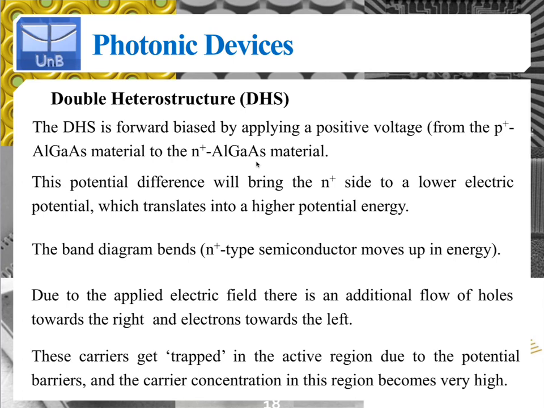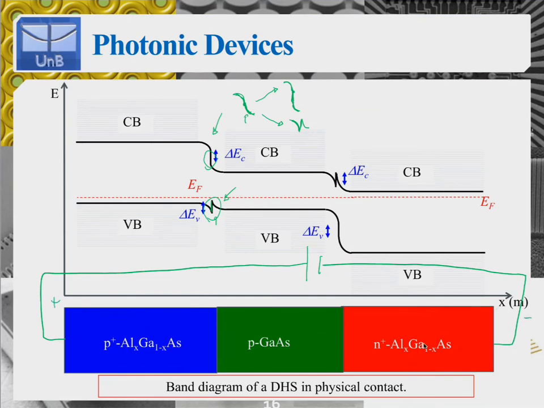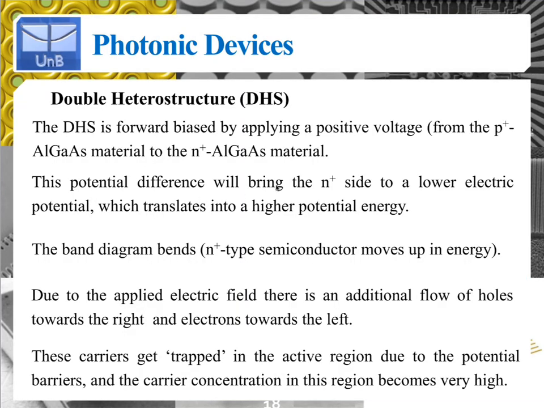So again, you will apply an external potential in this way right here to bias it directly, right? So this will be a more positive potential than the n-type material, and this potential difference will bring the heavily doped n-type material side to a lower electric potential, which translates into a higher potential energy.